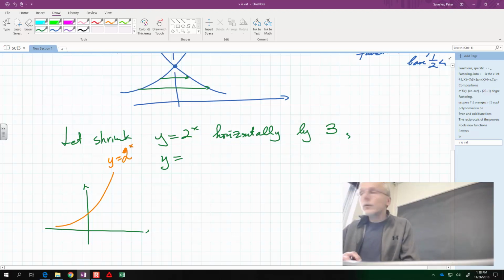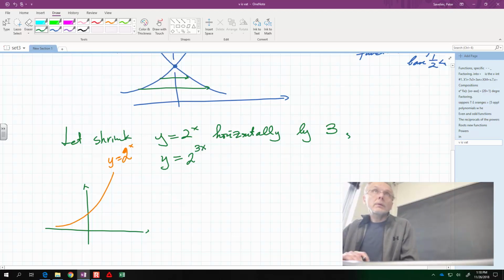When we shrink horizontally, what happens to x? Remember, every time we do the substitution, just like in the previous example where we replaced x with negative x, when we do horizontal shrinking we replace x with... not minus, just 3x.